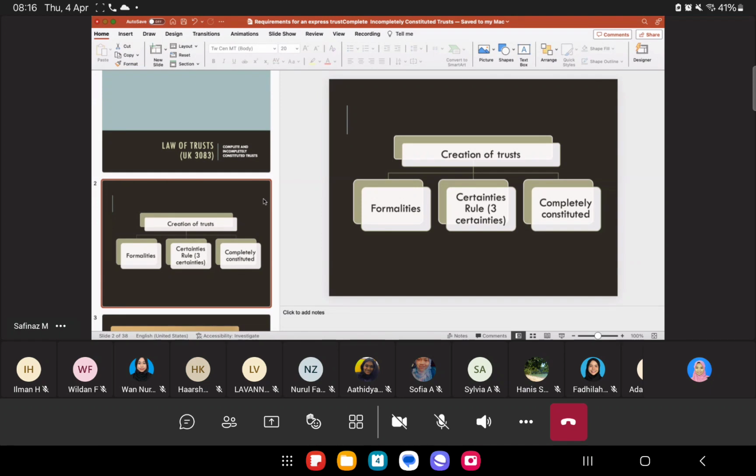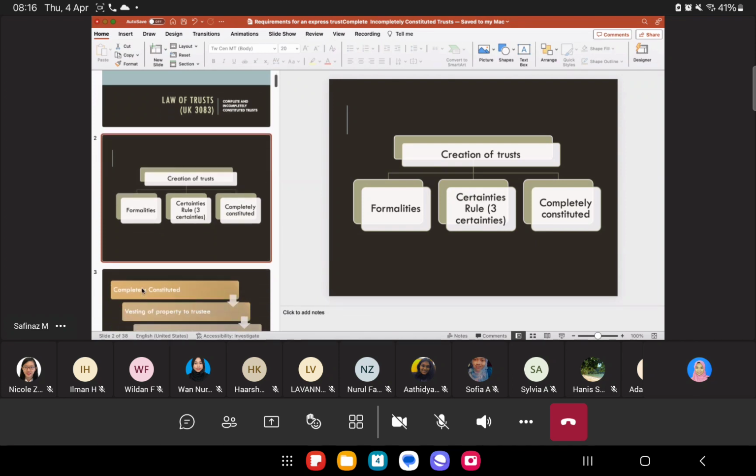Okay, so like I said earlier, when you want to create a trust, there are several things we must ensure, to make sure that the trust is valid and enforceable. We looked at the formalities in the first lecture, then we looked at the three certainties rule, and today we must ensure that once those two exist, the trust is completely constituted. How?